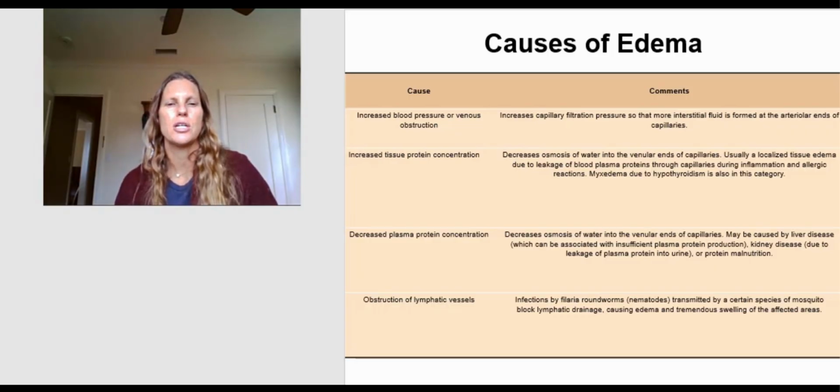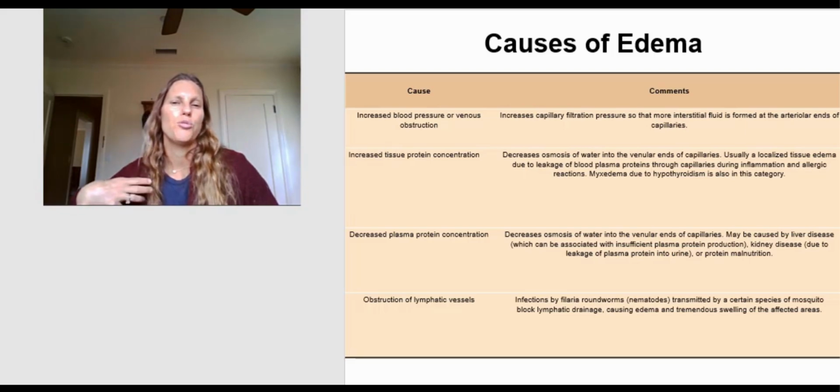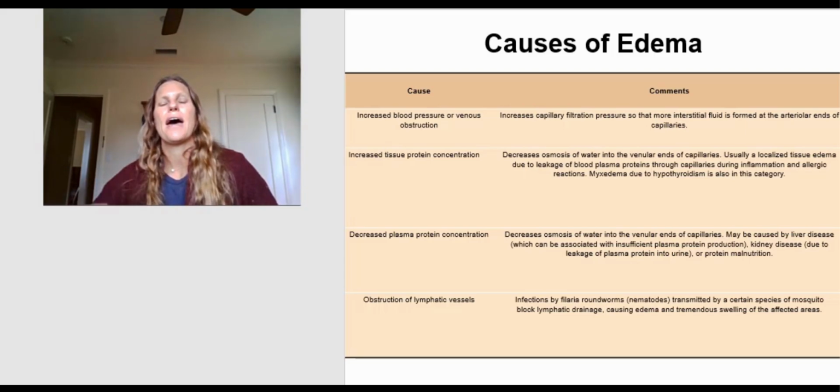And then another option is you can see an obstruction in the lymphatic vessels. You can also get damage to the lymphatics, or in some cases you have lymph nodes removed, like if somebody's had a mastectomy because they've had breast cancer. They'll often have to remove some of the nodes, and that impedes the flow through the lymphatic system.